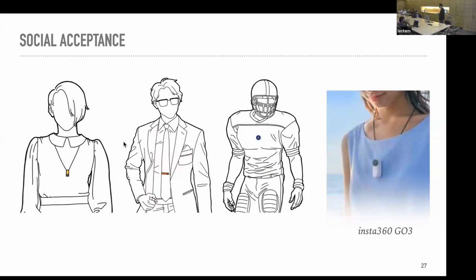This slide shows the social acceptance of our technologies. There are so many first-person view projects which have cameras on the head or eyeglasses, but we think our chest-worn camera is much more socially acceptable because it becomes much smaller. Then it could be a pendant, or a tie-pin, or a button of the shirt.